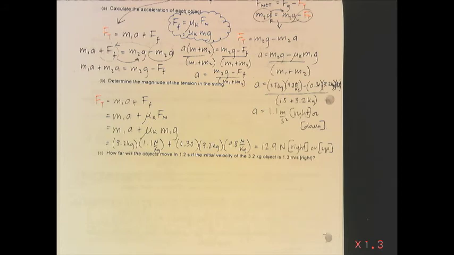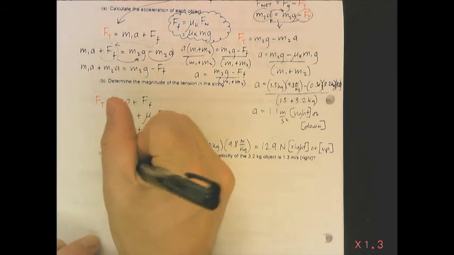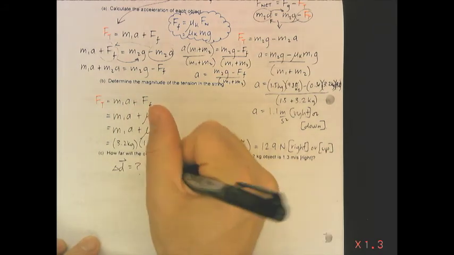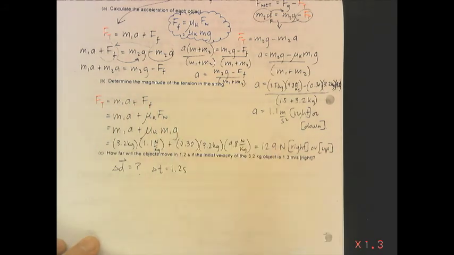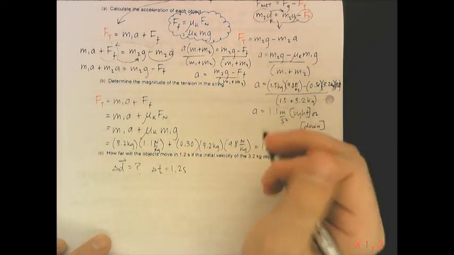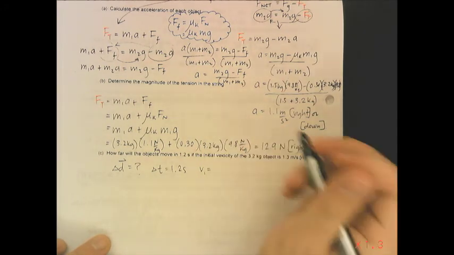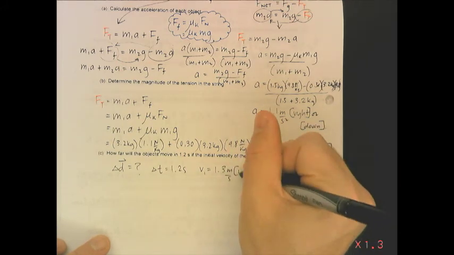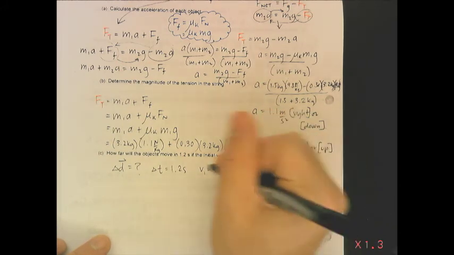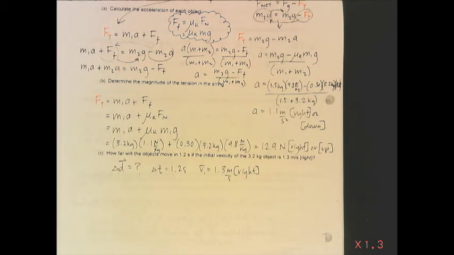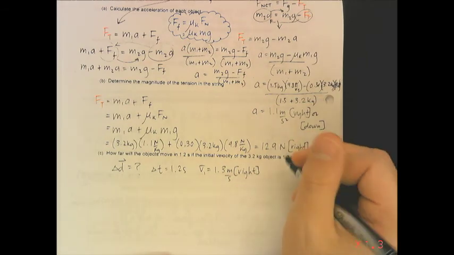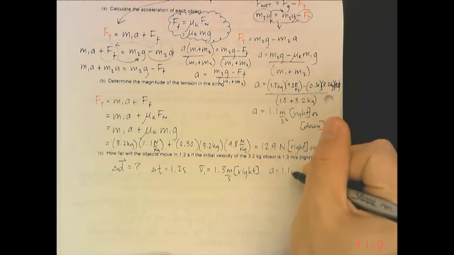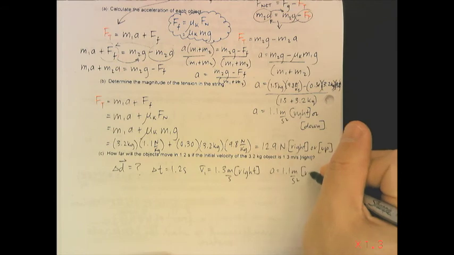In part C, they ask how far will the object move in 1.2 seconds if the initial velocity is 1.3 meters per second to the right. We've determined that this whole system is accelerating at a rate of 1.1 meters per second squared to the right.